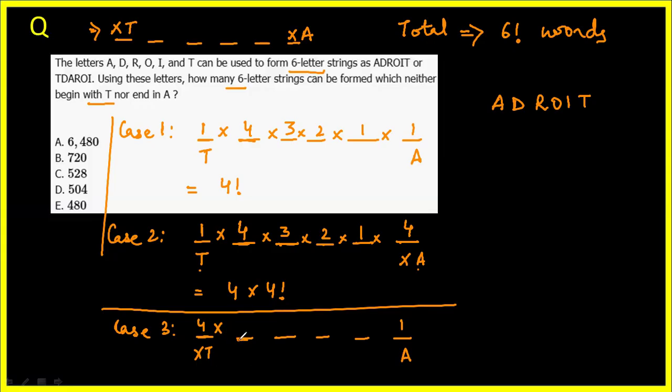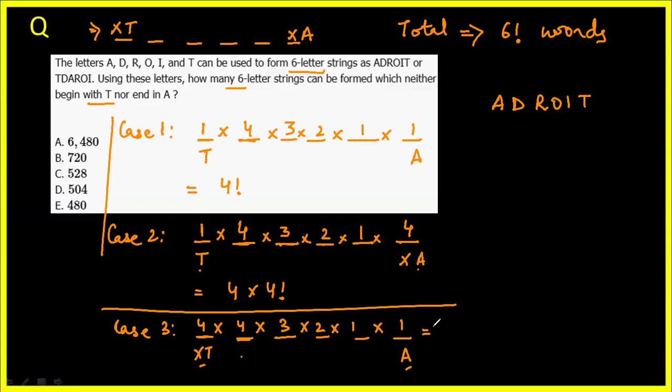Now, for the second position, you have used one alphabet here and one alphabet here. That means out of 6, you have used 2, and 4 are remaining. Similarly, 3 remaining, 3 choices, then 2 choices, then 1 choice.